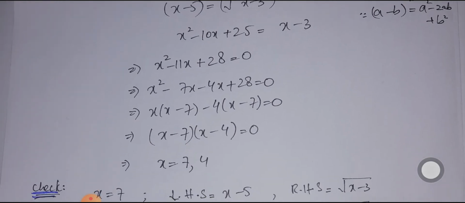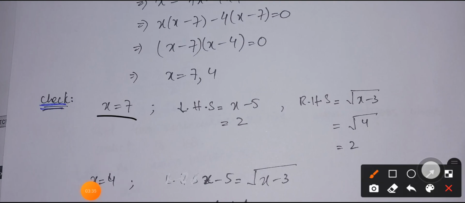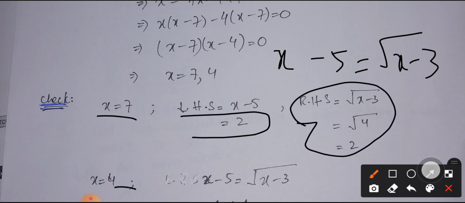How can we check this? We will simply put x is equal to 7 and x is equal to 4 respectively in the original equation, that was x minus 5 is equal to square root of x minus 3. Putting x is equal to 7, the left hand side is going to be 2 and the right hand side is again 2, so x is equal to 7 is a solution.